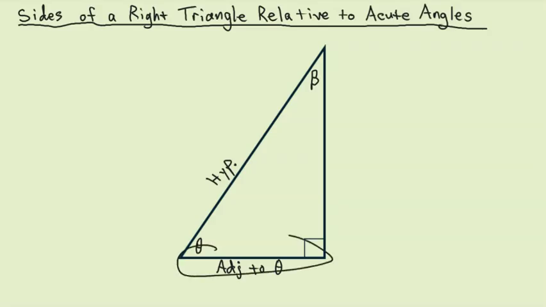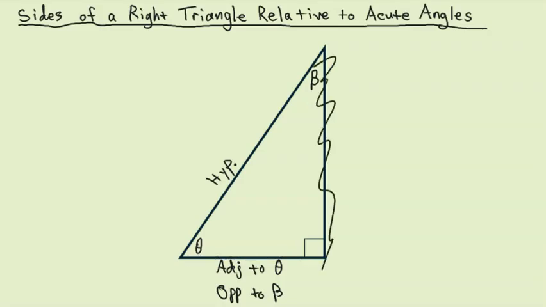But this leg is also across from beta. So beta is not touching this leg, and therefore this leg is opposite to beta. So it really depends on which angle you're talking about. If you're talking about angle theta, this is the adjacent side. If you're talking about beta, this is the opposite side.